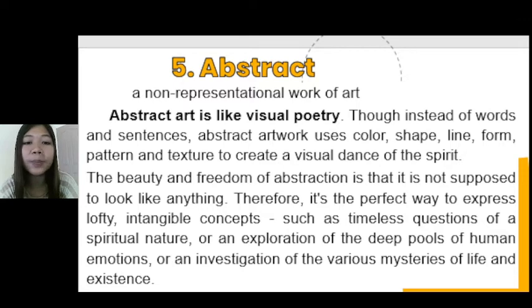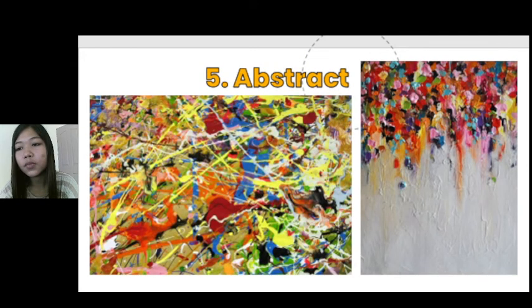Therefore, it's the perfect way to express lofty, intangible concepts such as timeless questions of a spiritual nature or an exploration of the deep pools of human emotions or an investigation of the various mysteries of life and existence. Okay.